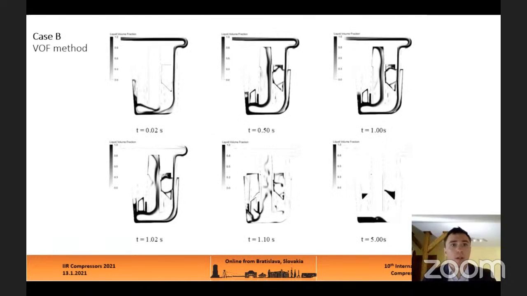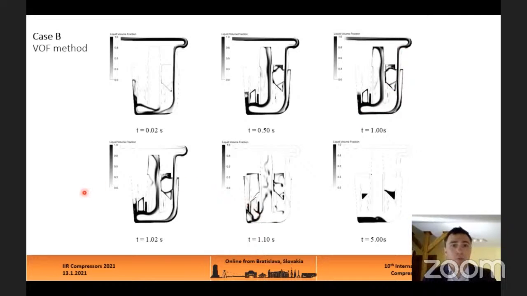If we take a look at the design with a separation point here, we see from the beginning that there is much less liquid coming into the muffler. But if we take a look here at this separation point, we don't see that it's helping to avoid liquid going further into the suction muffler.